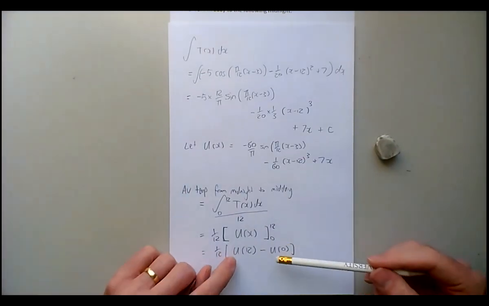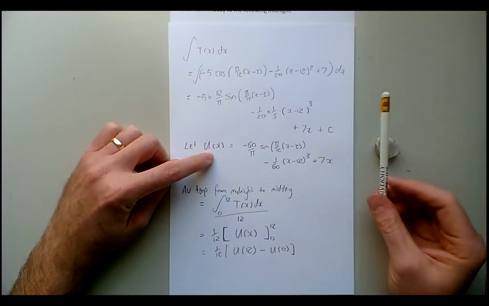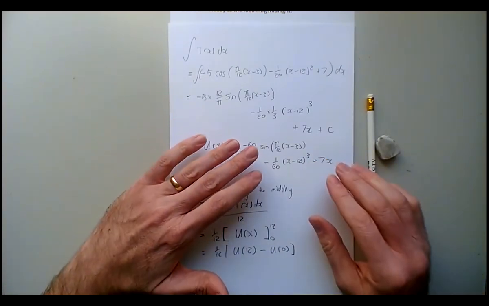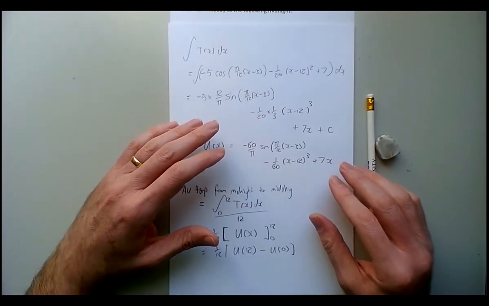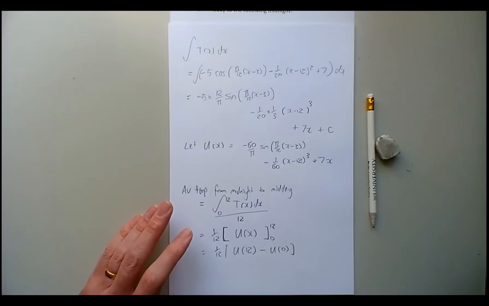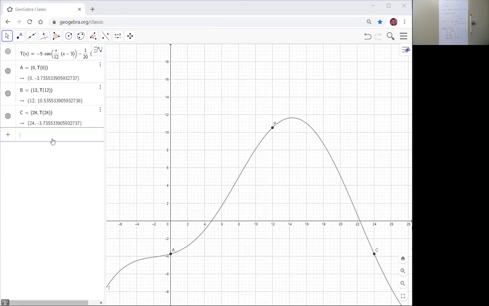All right, so I'm going to have to plug this 12 and this 0 into this formula here. Like, I don't trust myself, that's really complicated. And I could use my calculator, but I think since I've already got Geogebra open, I might use Geogebra to do my calculations for me. Okay, so let me type in this new formula.